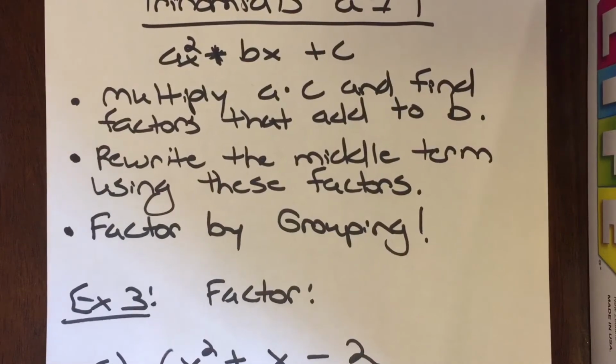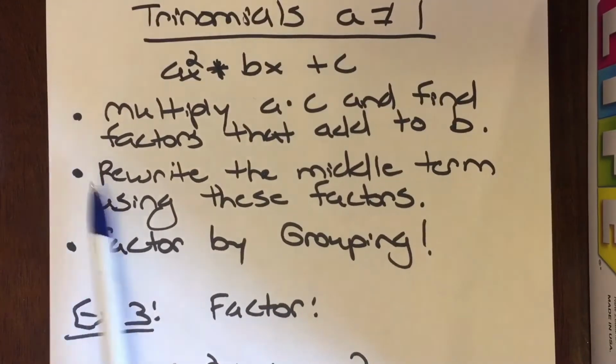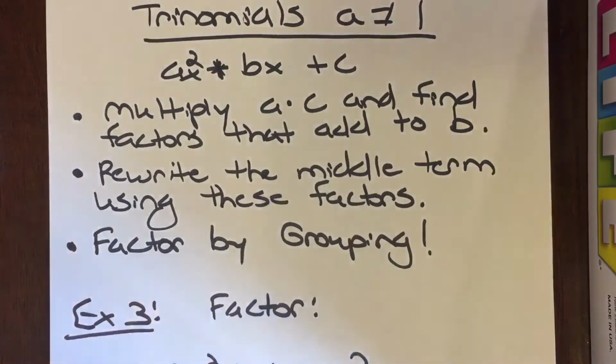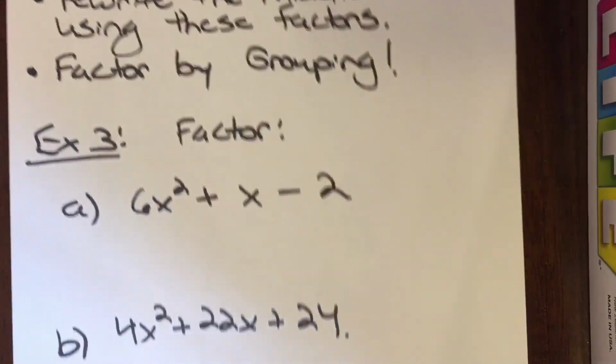Then we can't go straight to our solution from there, unfortunately, when the a is not 1. What we have to do from there is rewrite the middle term using these two factors. And then lastly, we finish the problem by factoring by grouping, because after that we'll have created a polynomial that has 4 terms.